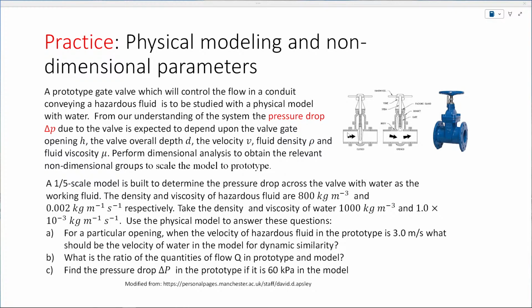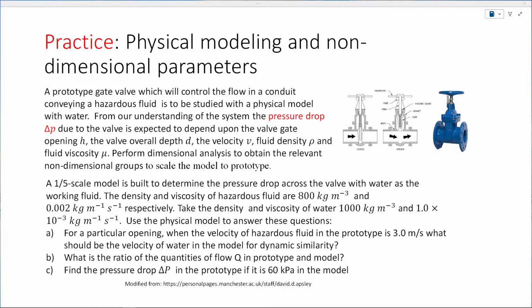We want to use just regular water. We also don't want to use the actual gate valve with the actual size, because it might not fit the lab, so we want a smaller one of it.